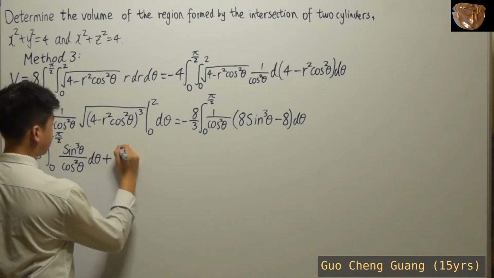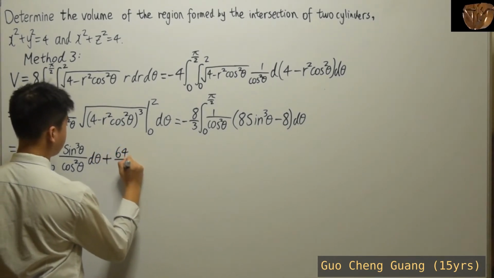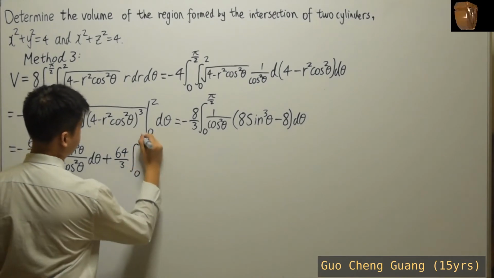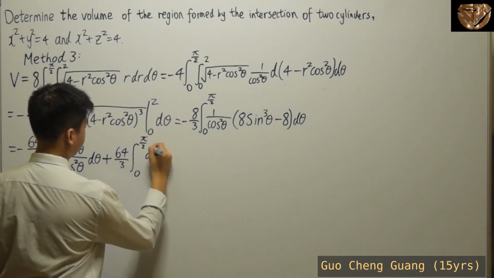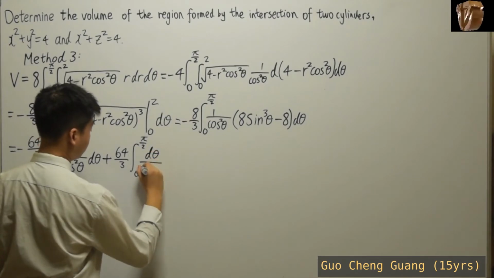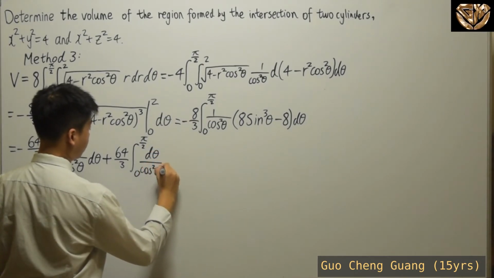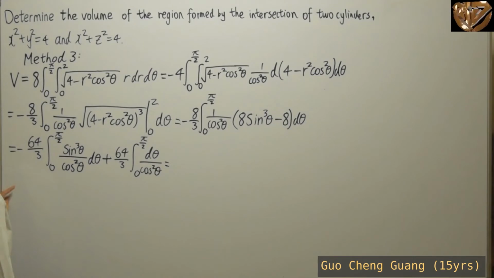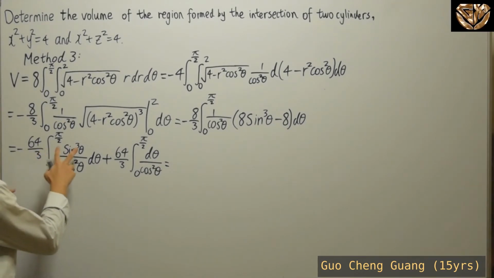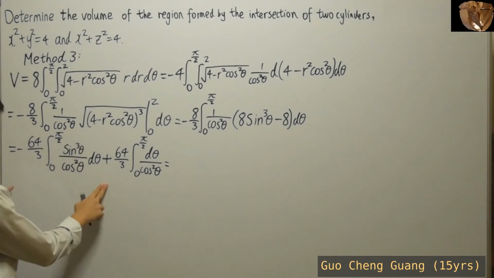Or for the other part, that is plus 64 over 3, integrate from 0 to half pi d theta over cosine square theta. Okay, so in your first term, you're going to put a sine into the d theta.